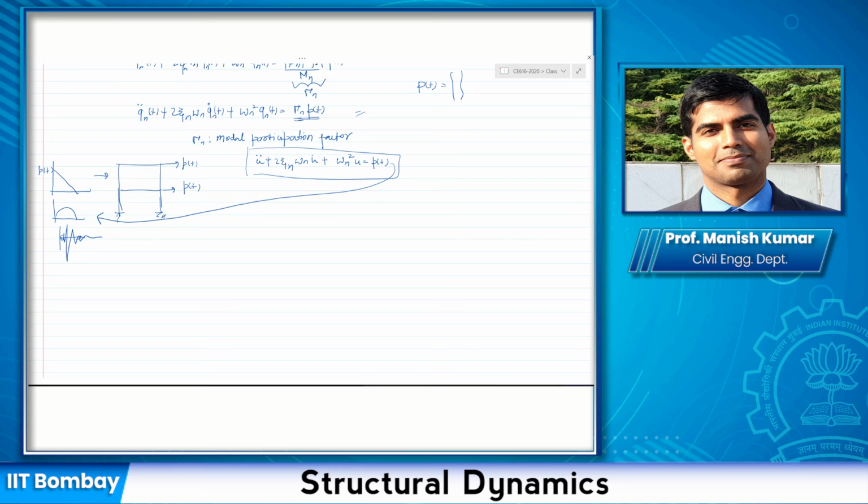Now, if I know the time variation of these forces is the same, and I know the solution, and the same thing is now being applied to a multi-degree of freedom system, what do I need to do? To consider the response of each mode, I just need to multiply whatever response I get here by gamma.